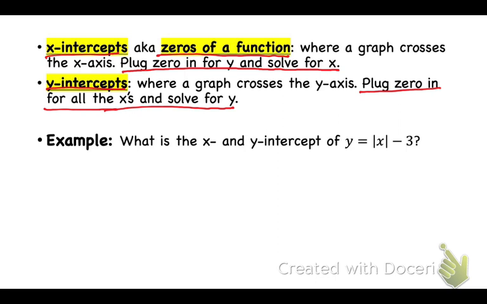So you'll usually see it as x, comma, 0 for an x-intercept, and 0, comma, y for a y-intercept. For an x-intercept, you plug 0 in for y and solve for x. For a y-intercept, you plug 0 in for x and solve for y.